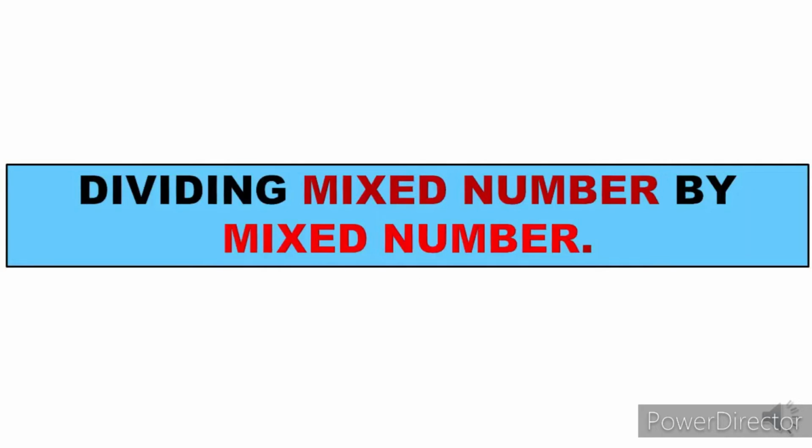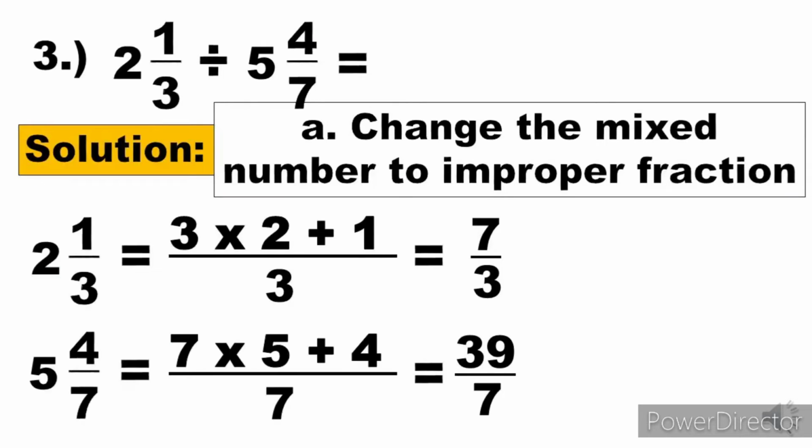Okay, next, dividing mixed number by mixed number. Okay, number 3 example, we have 2 and 1/3 divided by 5 and 4/7. So, ang solution natin dito is to change the mixed number to improper fraction. Okay, para ma-change natin yung mixed number to improper fraction, ang gagawin natin, i-multiply natin yung denominator sa whole number. So, that is 3 times 2.